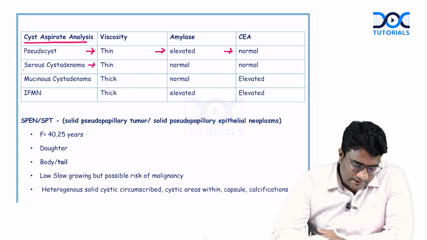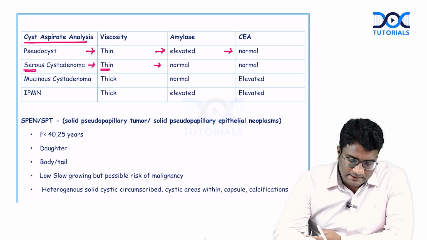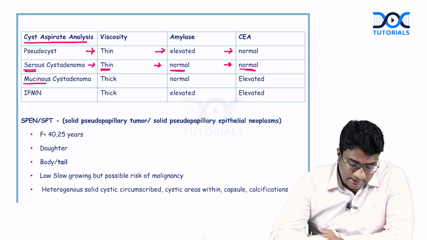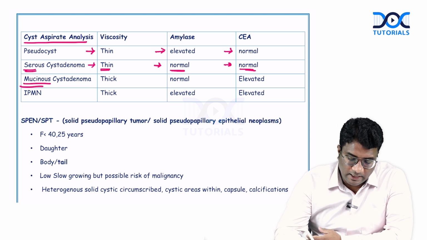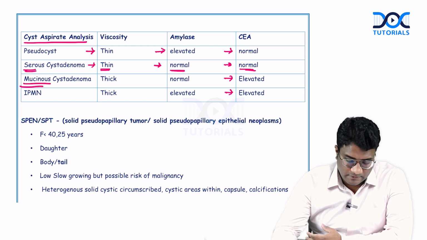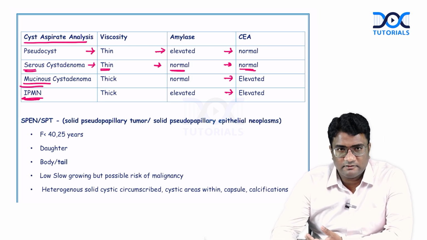Serous cystadenoma is a serous fluid, so thin viscosity will be there, but the amylase levels will be normal and the CEA levels will be normal. Mucinous will have columnar epithelium, so they will have elevated CEA levels and they have a risk of cancer also. IPMN is also a mucinous neoplasm with columnar epithelium, so the CEA levels will be elevated.